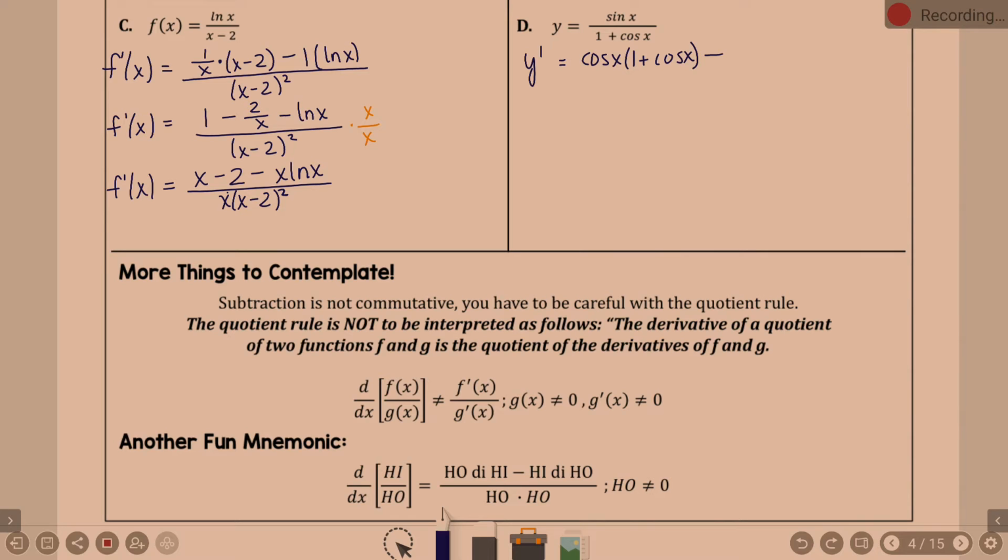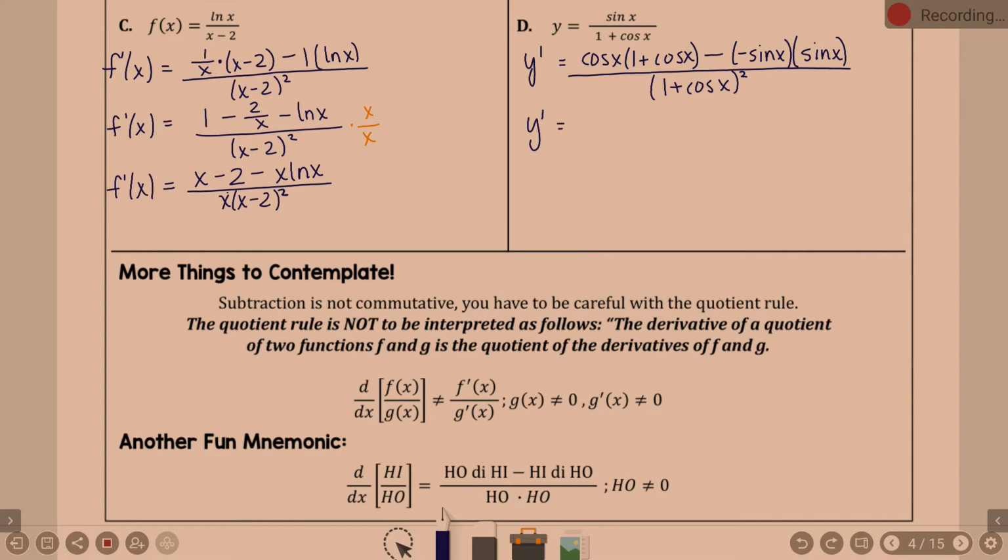Okay, derivative of 1 is 0. Derivative of cosine x is minus sine x times the numerator, which is sine x, all over the denominator squared. 1 plus cosine x quantity squared.